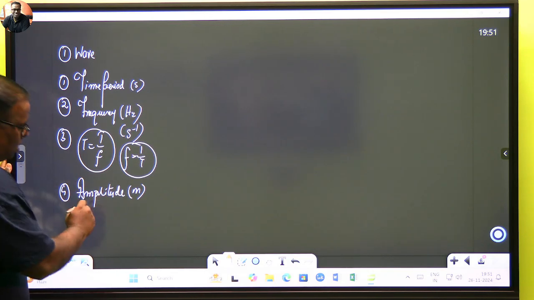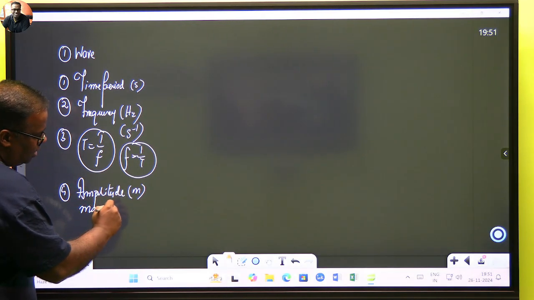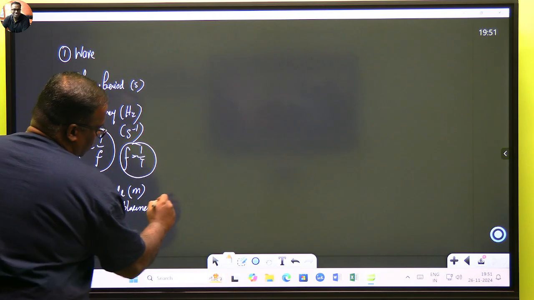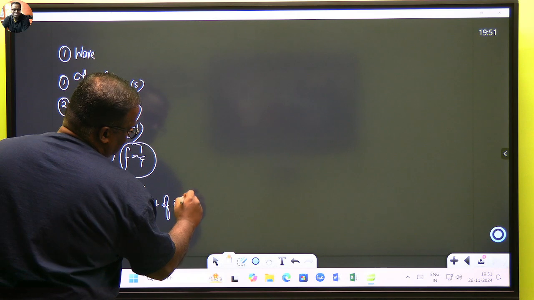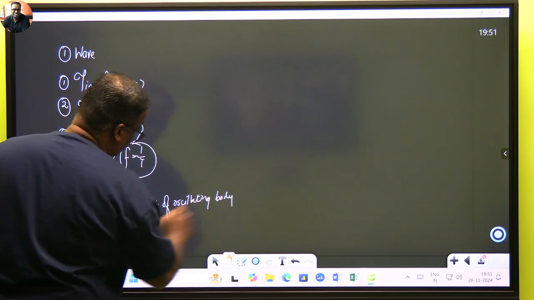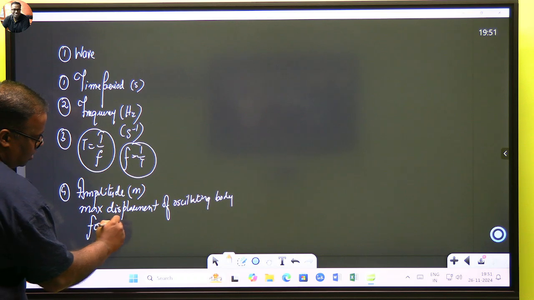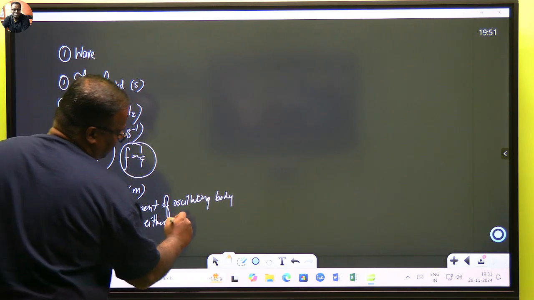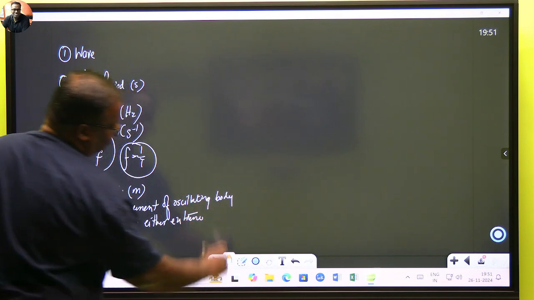Amplitude means maximum displacement of oscillating body from central position to either extreme. This is known as amplitude.